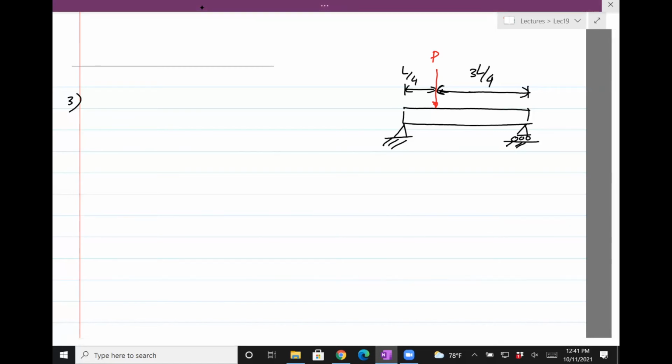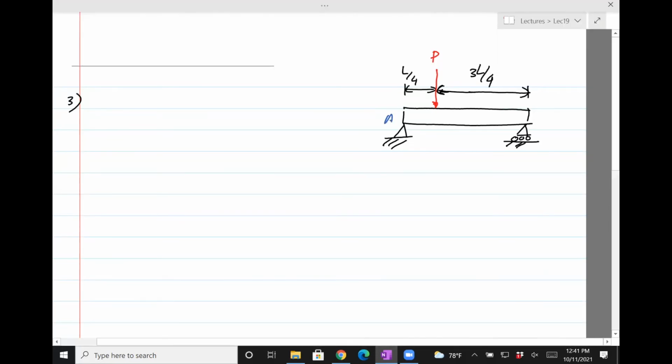Okay, so let's give these names. Let's say this is A, this is B, this is C. So the question is, find the slope and deflection at C.